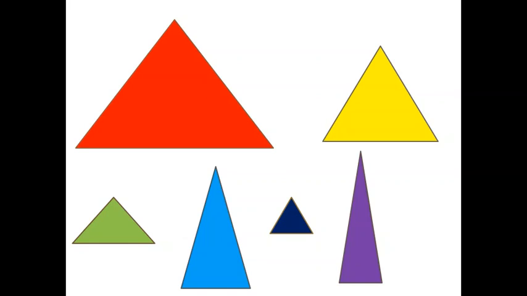Okay kids, remember which plane shape is this? Yes, triangle. So, these shapes are triangles. Can you see triangles of different sizes? Yes, they are so colorful. Even if the sizes of triangles are different, the shape remains the same.